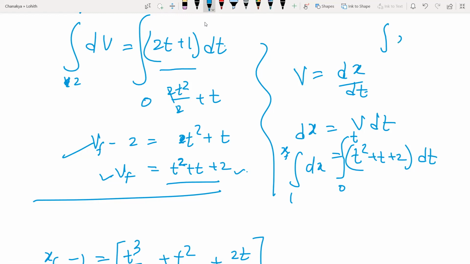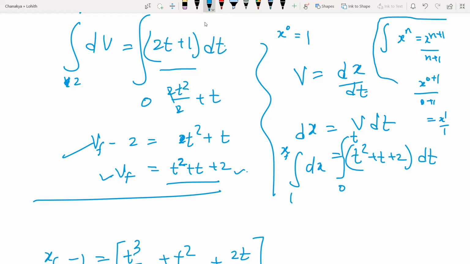Yes. The formula for x to power n is x to power n plus 1 by n plus 1. So here this means x to power 0. X to power 0 means 1. So x to power 0 plus 1 is x to power 1 by 1. Does the constant not remain the same, sir? No. While differentiating, a constant becomes 0. While integrating, it's added. Okay, sir.